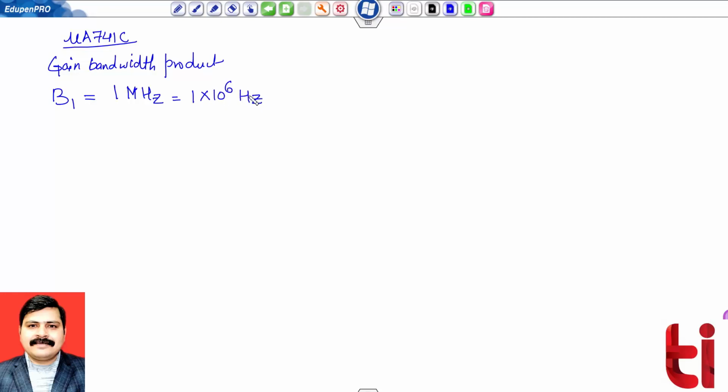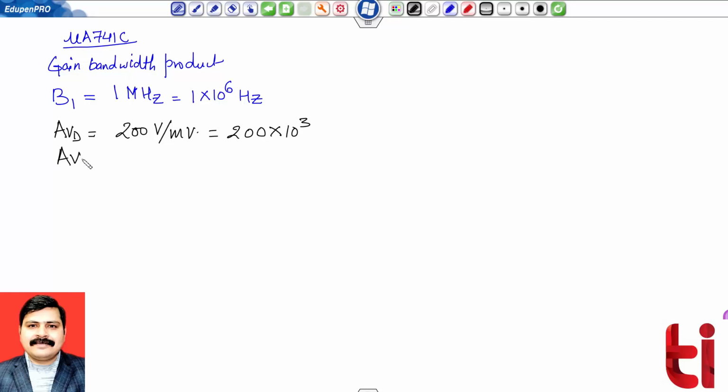This is the standard value of B1 for IC 741, and the value of AVD, the differential voltage gain, is 200 volt per millivolt. So it is 200 multiplied by 10 raised to the power 3, because the millivolt in the denominator gives 10 raised to the power 3.